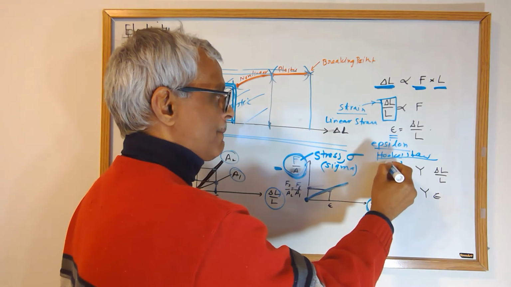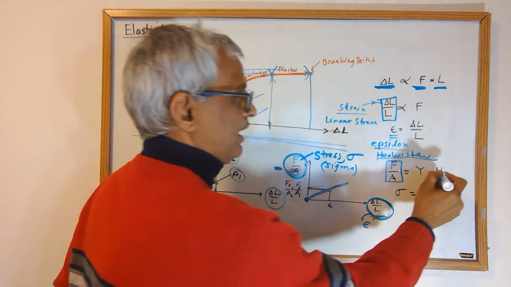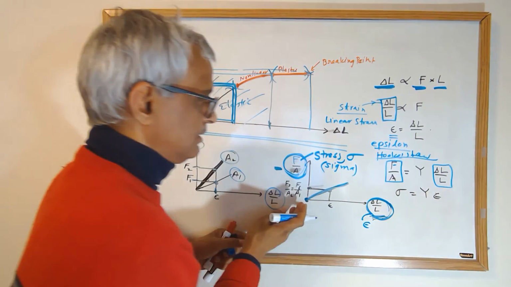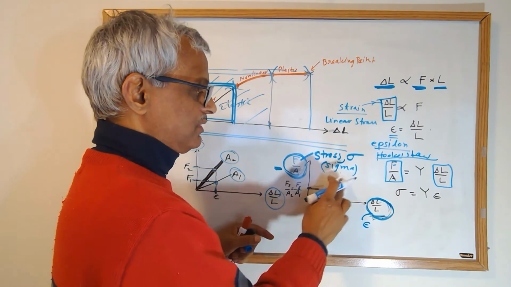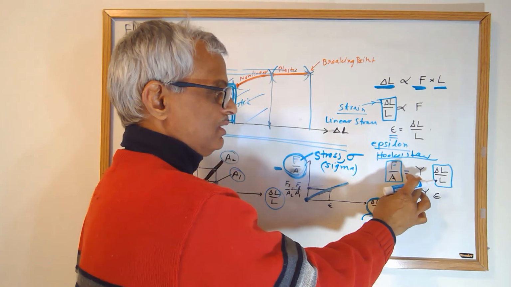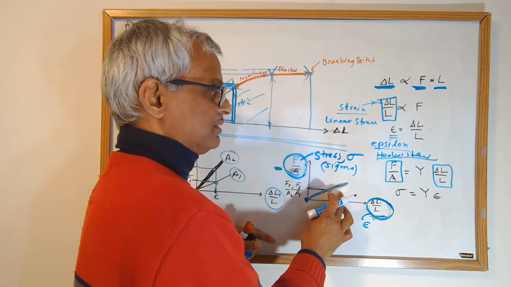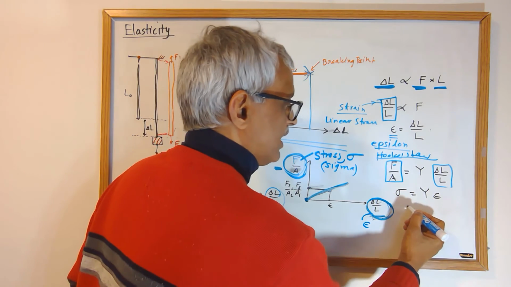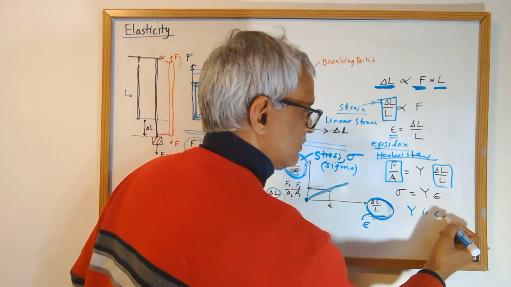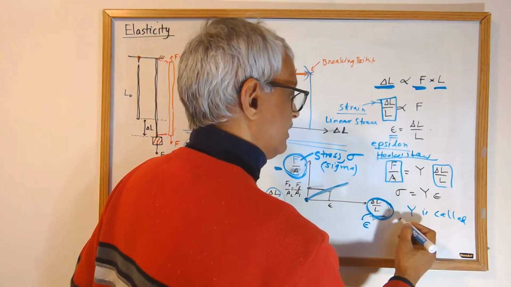So here is stress and here is strain, and because it goes to the origin, the only thing left in this straight line is the slope, and the slope is the constant of proportionality between stress and strain. Y is called Young's modulus.